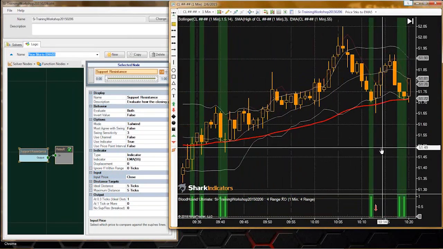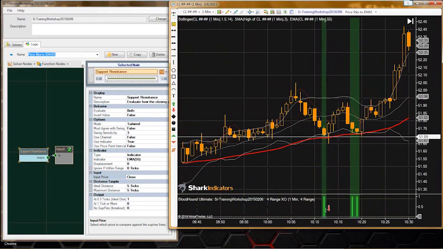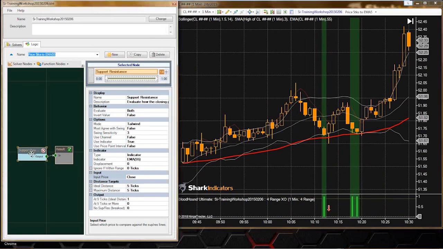So you may want to look at the closing price, but also you may want to make a second support resistance solver that maybe looks at the low price or something like that, or looks at the high price as well. Just to kind of give you multiple options.